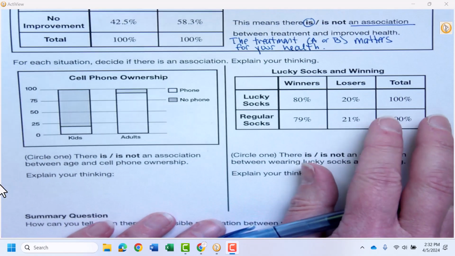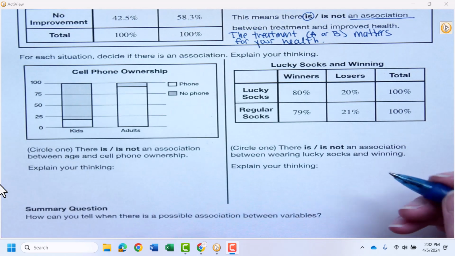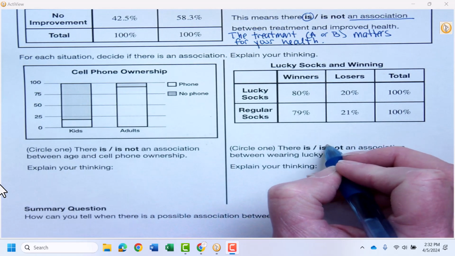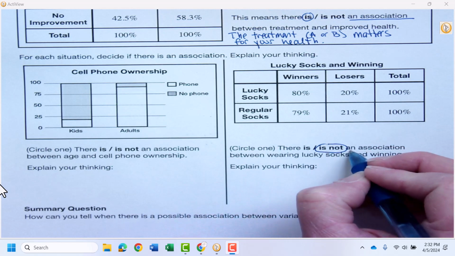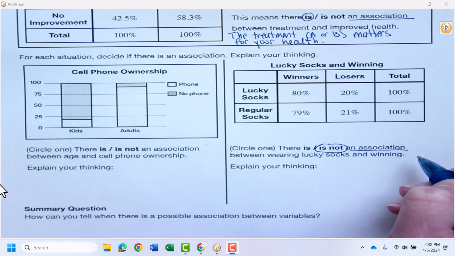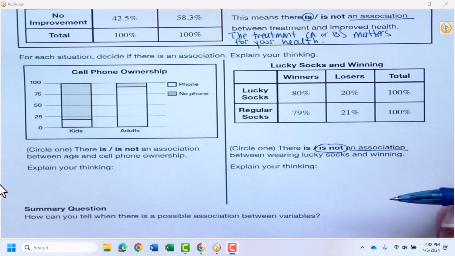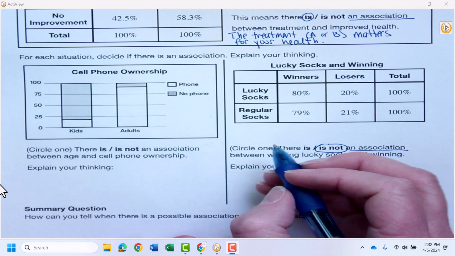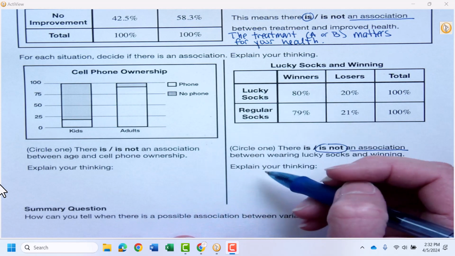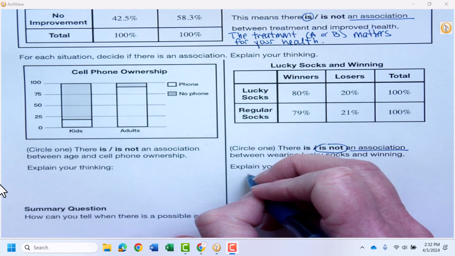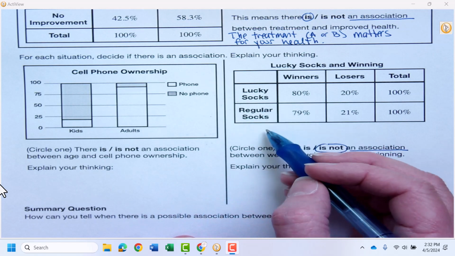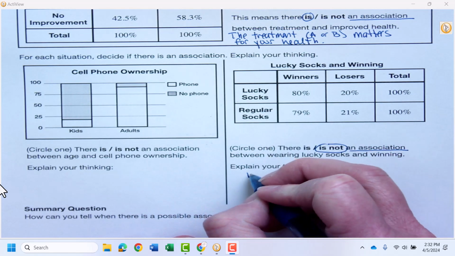So let's think this through and what association means again. In this case, there is not an association between wearing lucky socks and winning. And the reason for that is the category doesn't matter. I'm going to say I'm equally likely to win regardless of what socks I wear.